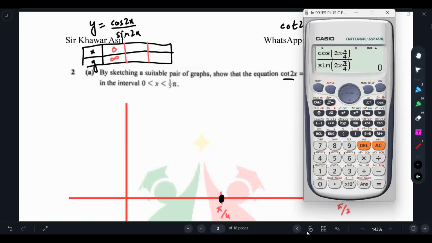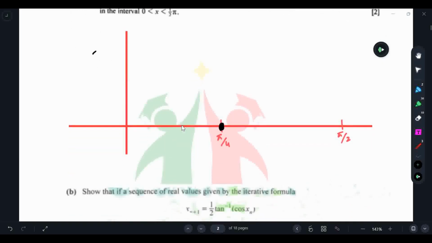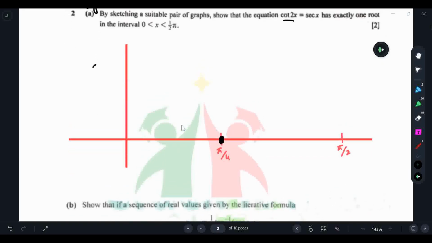For pi by 2, this will be equals to, again, the math error. So we know that the graph will be like this way, and then we have the graph like this way. We can make it more appropriate.